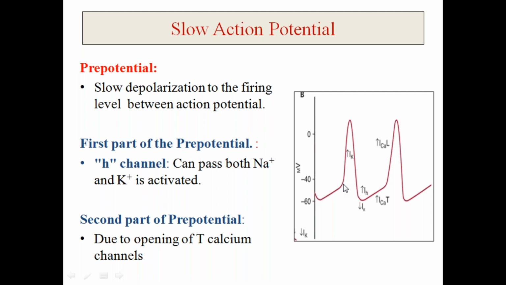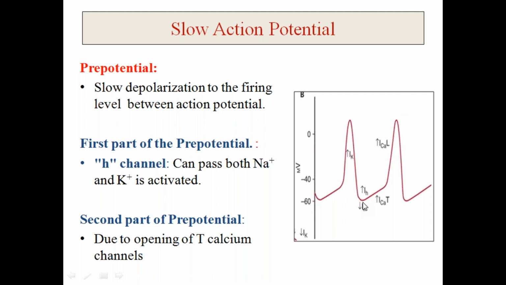Now, suppose there was depolarization, and then after depolarization there is a repolarization, and at repolarization, suppose the membrane potential has gone to the resting level of -60 millivolts. Got it? After getting repolarized, what happens?